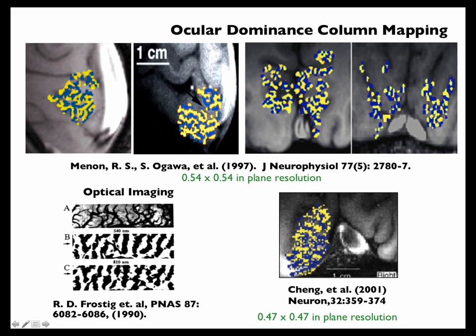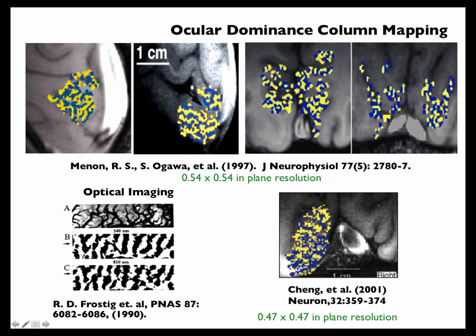You can easily resolve columns if you expose the skull, and this happens to be in an animal brain, shining infrared light and looking at the reflectance changes with activation. It turns out that if you stimulate one eye versus the other eye, you get a columnar type of activation. And this is very finely detailed, on the order of 1 millimeter column widths.